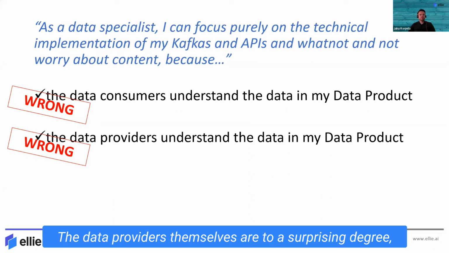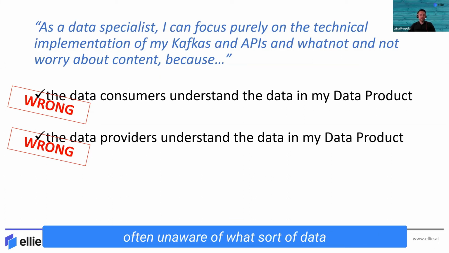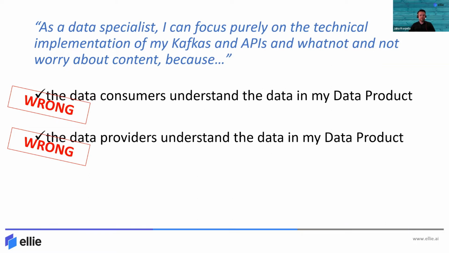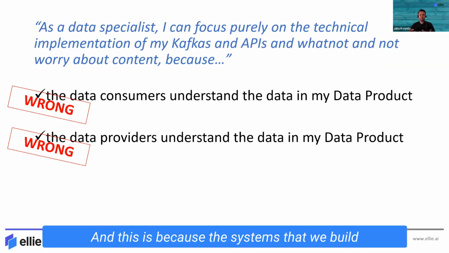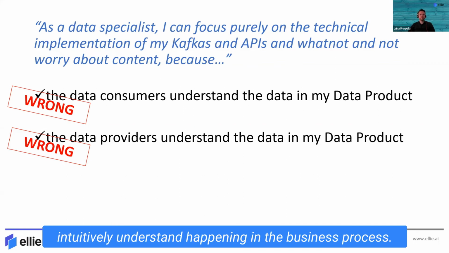The data providers themselves are, to a surprising degree, often unaware of what sort of data is generated from the actions they take. And this is because the systems that we've built are highly complicated, and the event streams and whatnot are often not very closely correlated to the actions that people intuitively understand happening in the business process.